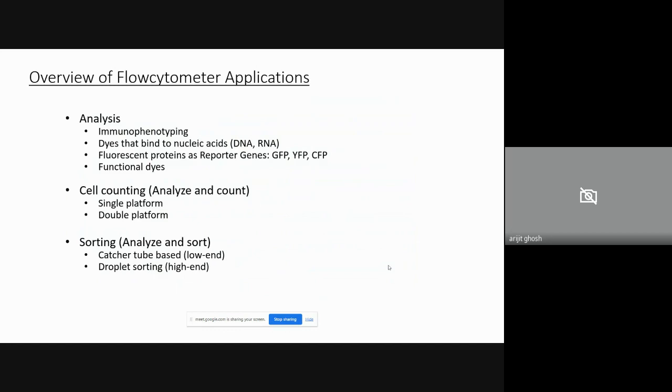You can also do cell counts in single platform and dual platform, using different dyes, like calcein, which only stains the live cells, and SYTOX, which only stains the dead cells.